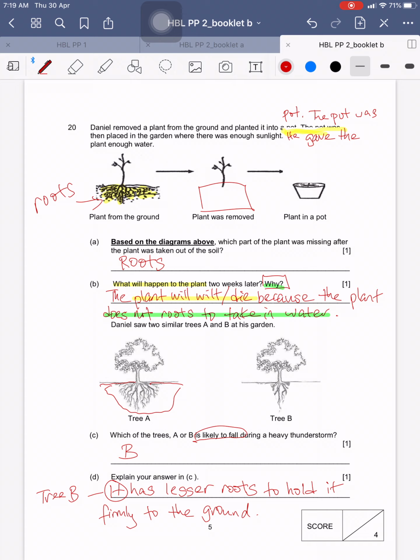Well, I think we can give another word. Instead of lesser, you can also write shorter, because these roots here are much shorter compared to the roots in 3A. Okay, next question.